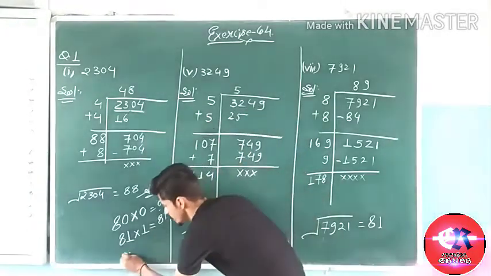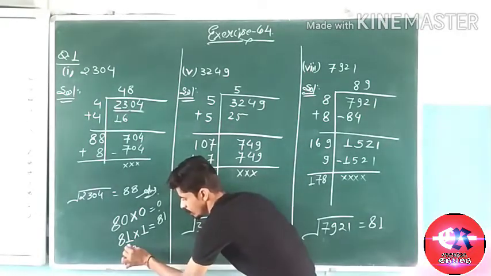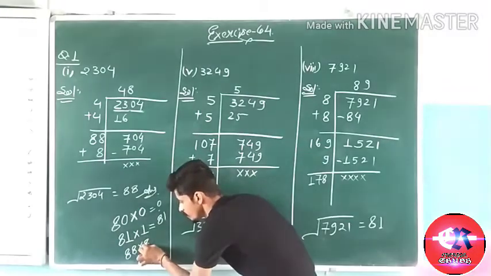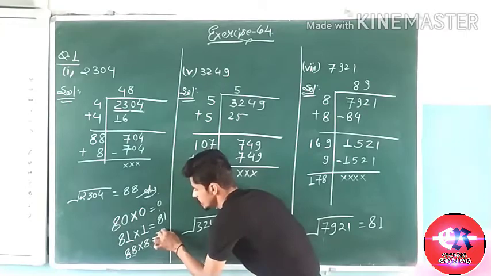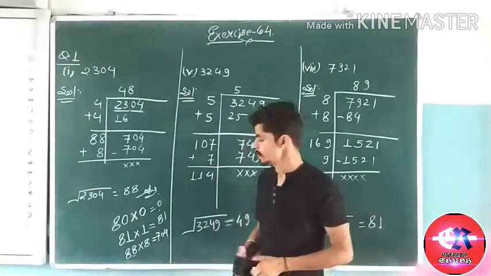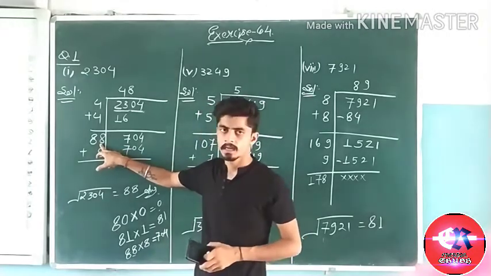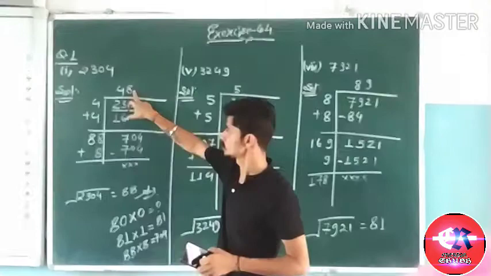We have 8 here, and we take the new digit 8, so it becomes 88. Now 88 is multiplied by 8, because we have taken 8 here, and it becomes 704 after multiplication. Whatever number we take is also counted as a quotient here.